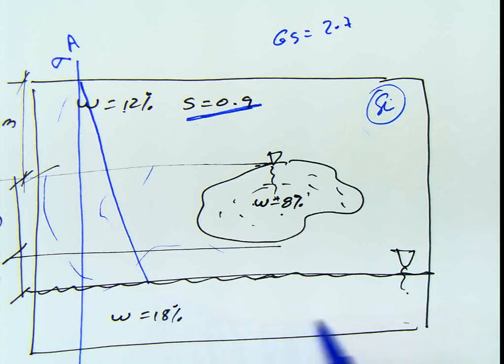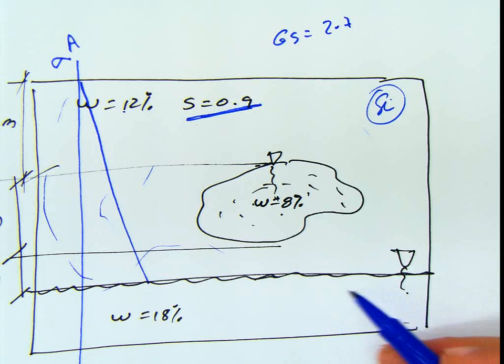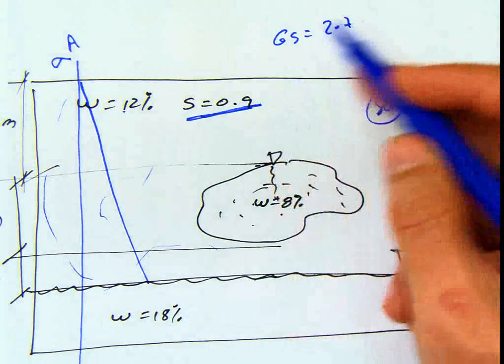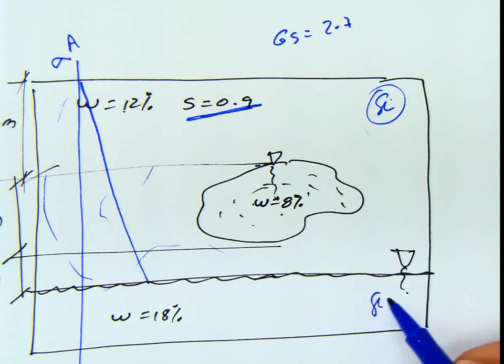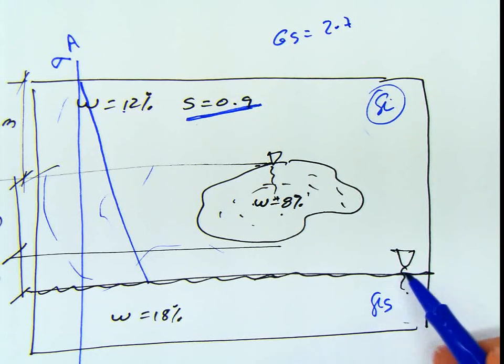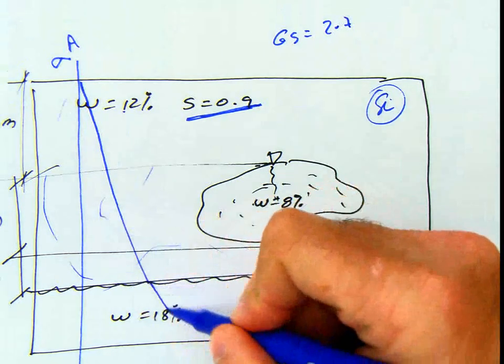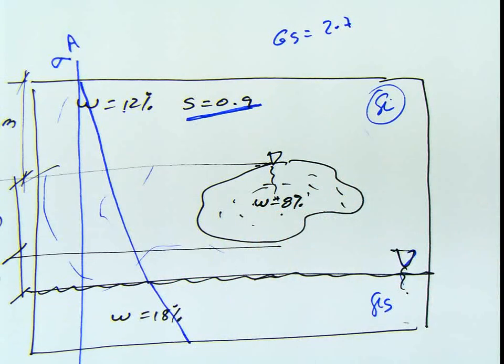And then here I have a different type of material. It's basically the same Gs. This is the water content, but it's saturated. So this is a saturated gamma here, because it's below the water table for this part. So we're going to have another diagram, something like that. This is the total.